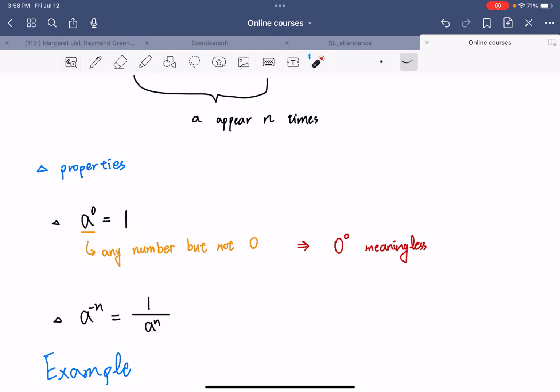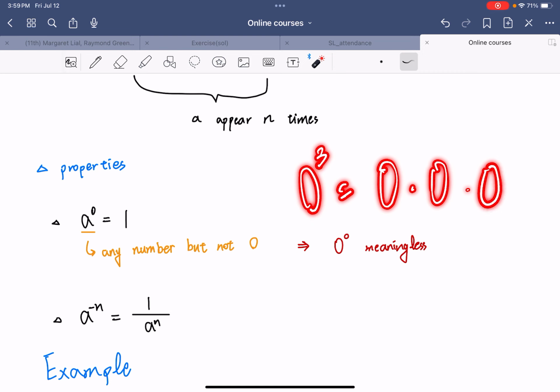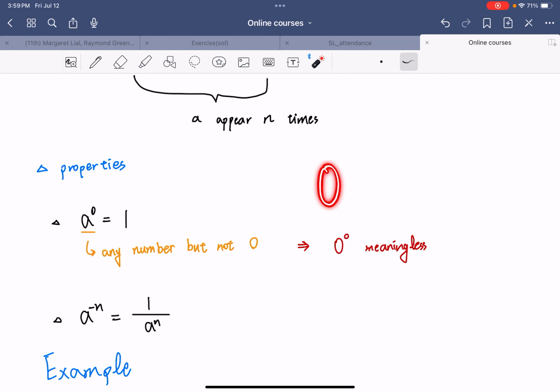But in the other example, 0 with power 3 means 0 times each other, while 0 with power of 0 could represent anything. So this has no meaning. You can't give it any figure or number.